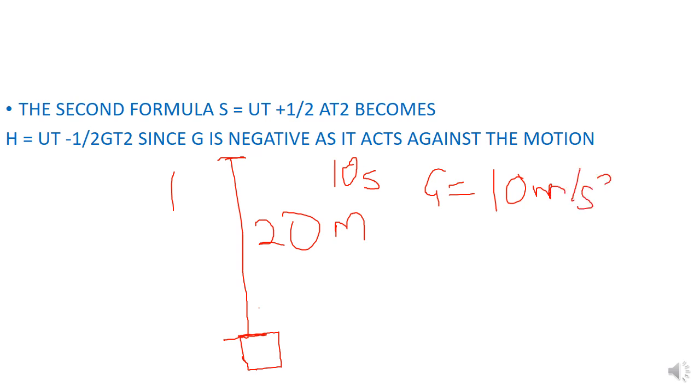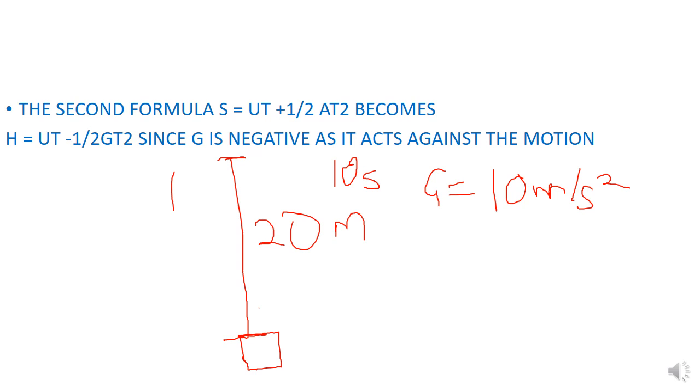That is the constant value of g, and g is the acceleration due to gravity. So what was the initial velocity experienced by this object?